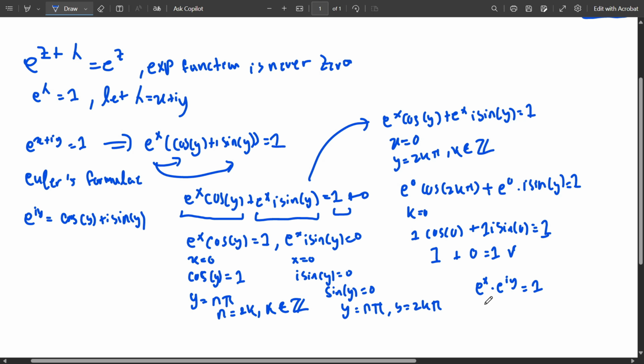We have x equals 0 and y equals 2k pi, so e to the 2k i pi equals 1.